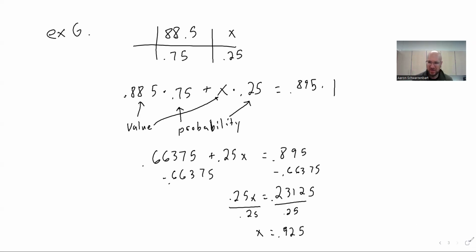Okay. I'm going to talk briefly about a 5-number summary and then box and whisker plots. The 5-number summary has the minimum, quartile 1, the median, quartile 3, and the max. So if I take a data set, it's helpful to have it in order.